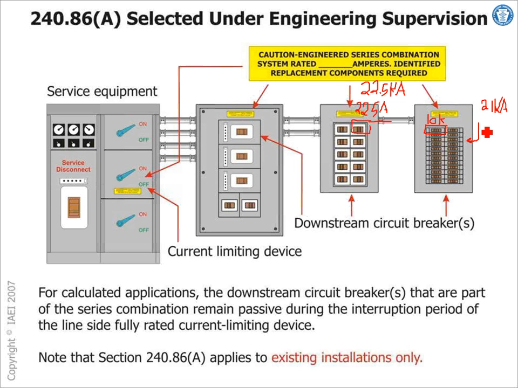If I have a short circuit inside this panel, and the short circuit is supposed to be 21 kilo amp, but each one of these circuit breakers is rated for 10 kilo amp, what happens if you try to interrupt 21 when you're rated for 10? You're going to explode. What they do is series rating between these two circuit breakers, the main to the panel and the branch circuit. Very commonly used in lighting panels and receptacle panels.